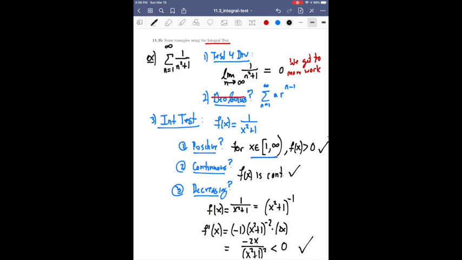So now that we have shown that our function satisfies these 3 criteria, we get to use the integral test. Remember, what the integral test was is we take the improper integral from 1 to infinity of the continuous analog function to our series function, in this case 1 over x squared plus 1 dx.